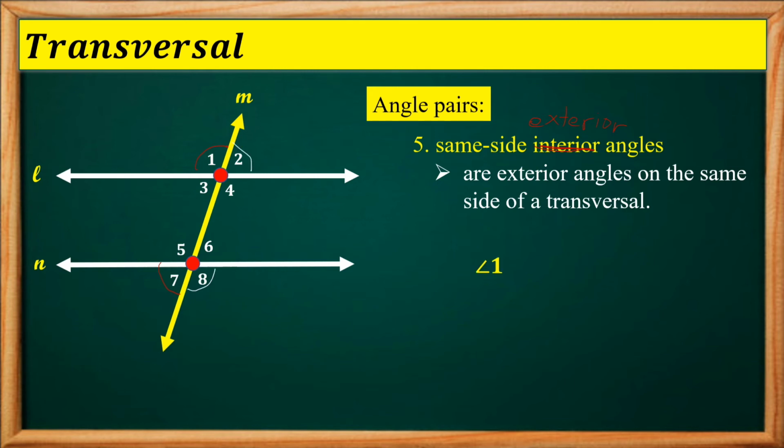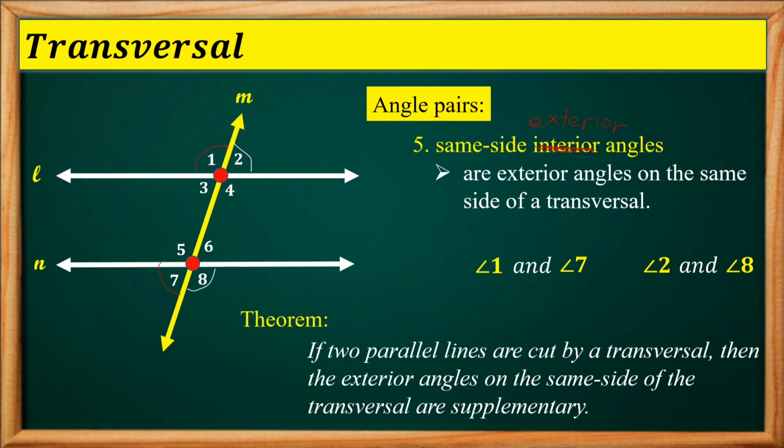Now, the theorem states that if parallel lines are cut by a transversal, then the exterior angles on the same side of the transversal are supplementary, and that is 180 degrees.